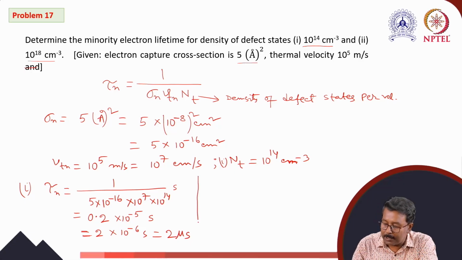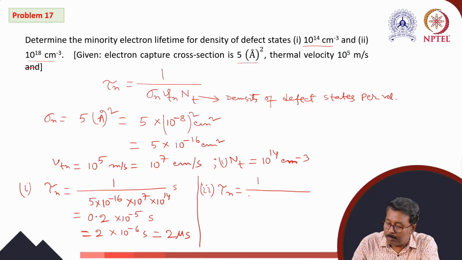And the second case, if you use the same formula, tau n will be 1 by 5 into 10 to the power minus 16 into 10 to the power 7.